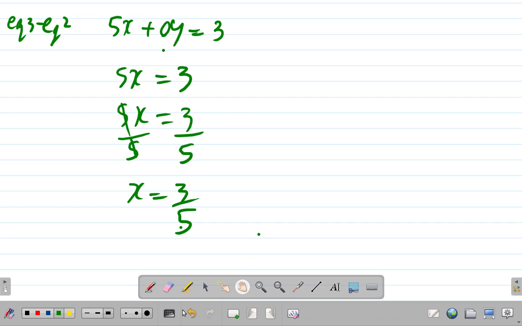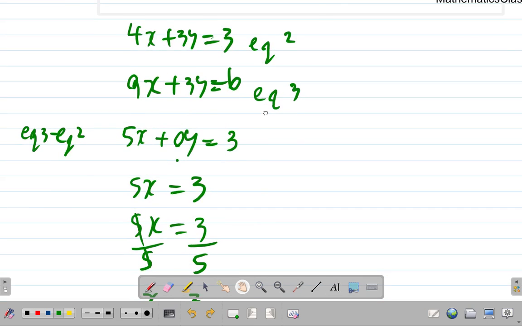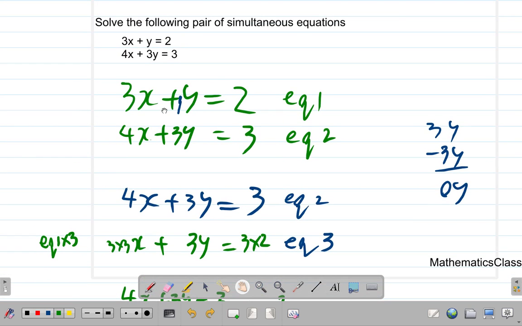Now, what about y? Now here, we know that x is 3/5. Let us rewrite equation 1 again.